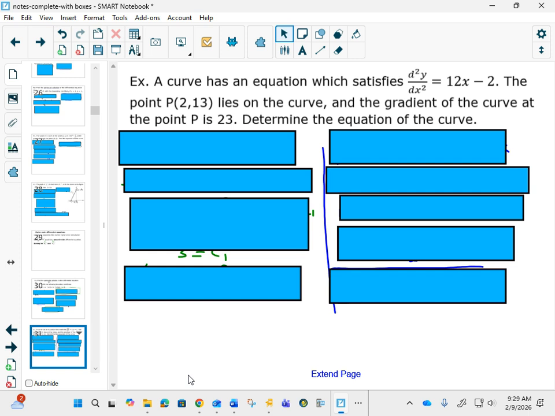And I'll put up the answer for this one in a couple of minutes. See if you can figure out C1 and C2.